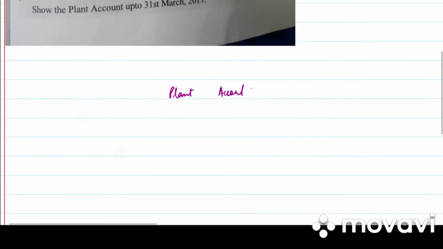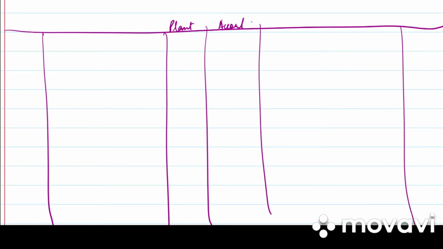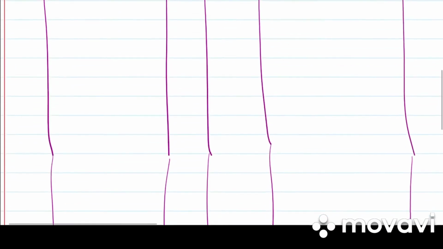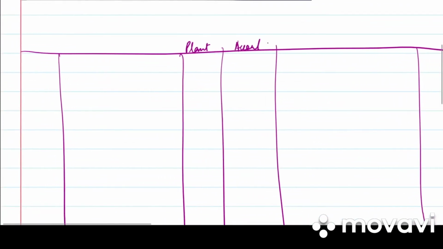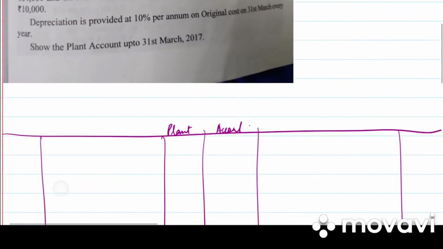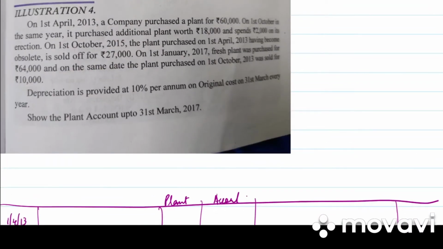We have the format, that is date, particulars, amount, date, particulars and amount. So in this there is more than one machinery purchase. So we will go step by step. First, on 1st April 2013, a company purchased plant for 60,000.